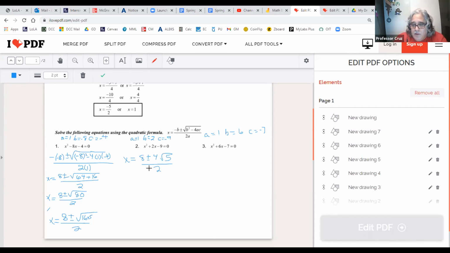All right, this is a fraction. It's 8 plus or minus 4 square root of 5 divided by 2. Both of these are divided by 2. So, we keep it in the same form we've been dealing with. 2 goes into 8 4 times, and 2 goes into 4 2 times. So you can handle it in one whoop there.